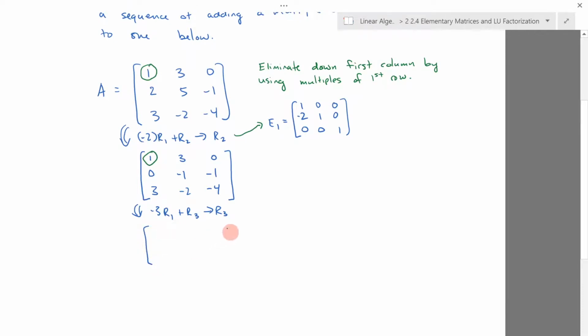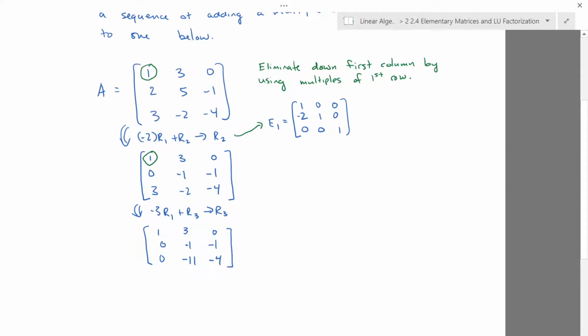Calculating the resulting matrix, what do we get? The first row stays the same, the second row stays the same, and now we calculate the third row. -3 plus 3 is 0. -9 plus a -2 is -11. And then 0 plus a -4 is -4.